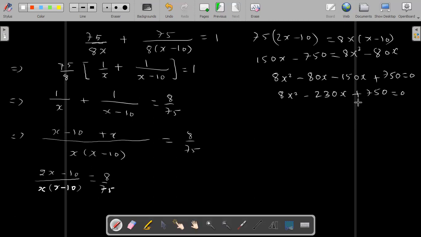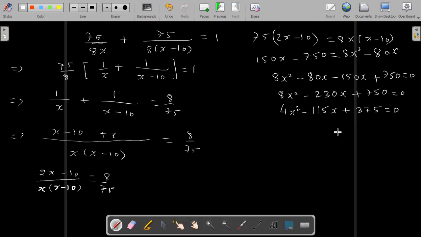So it is divisible by 2. So 2 4s are 8, 2 1s are 2, 2 5s are 10, 2 3s are 6, 2 7s are 14, 2 5s are 10, is equal to 0.